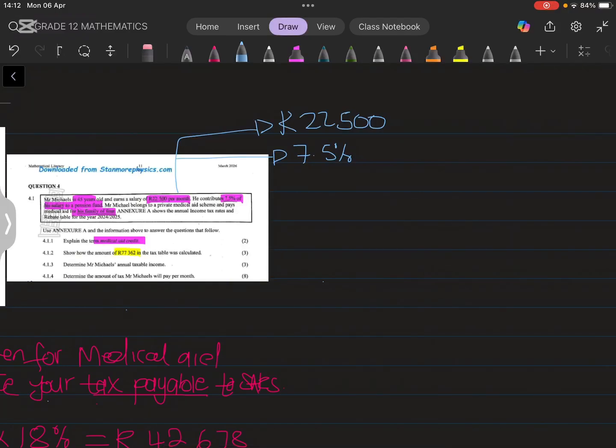So now to calculate Mr. Mitchell's annual taxable income, we're going to have annual taxable income.